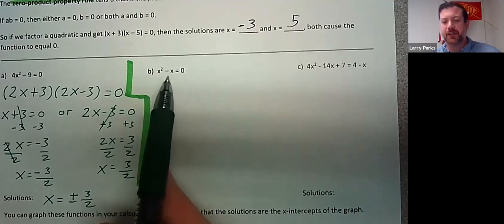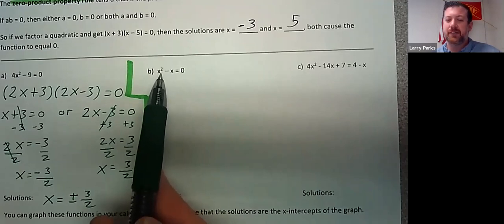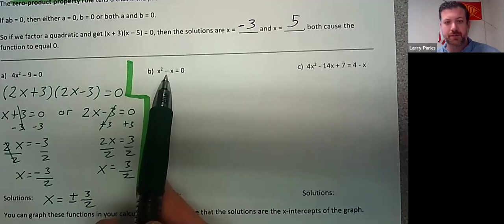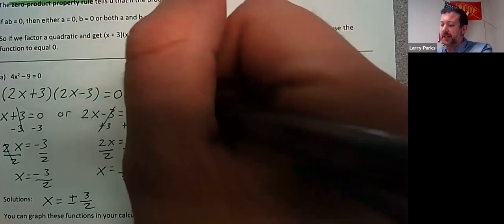And it doesn't have 3 terms. So what else is out there? Oh, GCF. So if I look at this, and you should always be looking for GCF, x squared and x both have an x. So I would factor out an x.